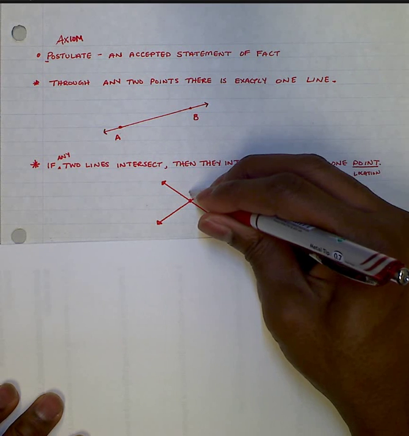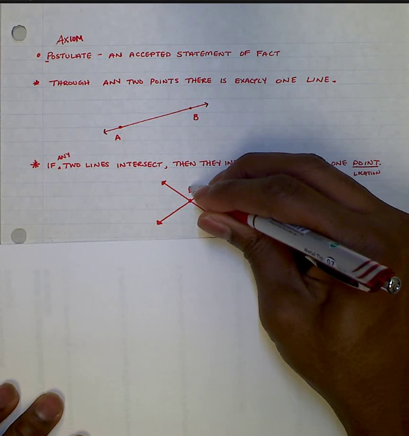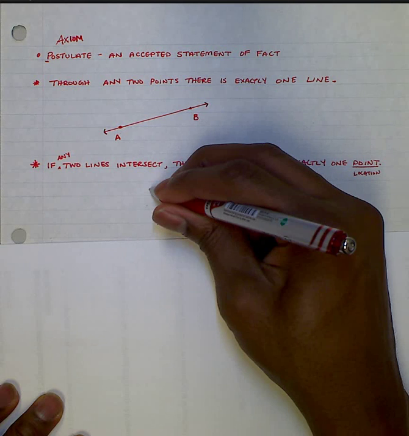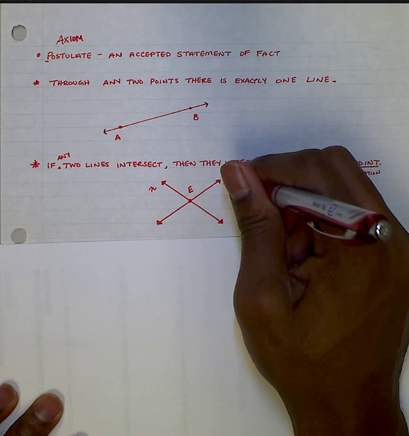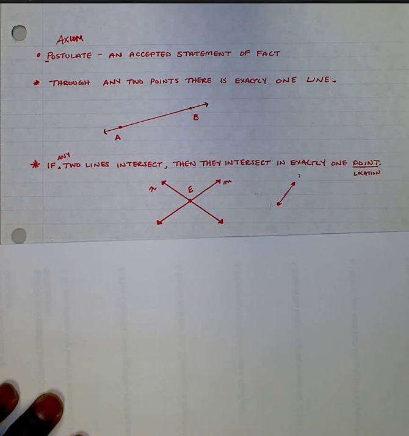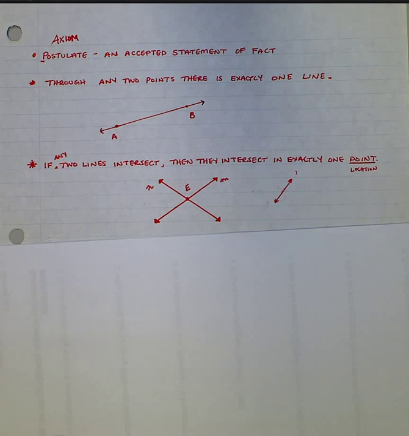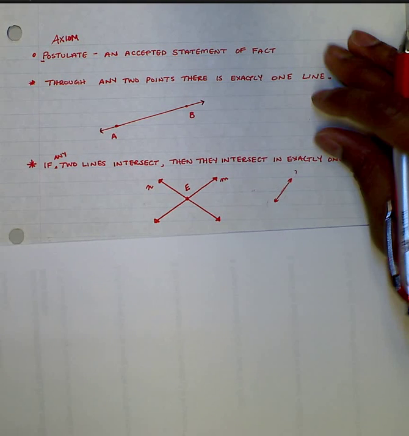Okay, I'll call this point E. And I'll call this line M and line N. Okay, so line N and line M intersect at point E. Okay, there's no other intersection. They'll continue on in their directions, but never meet again. Okay, on this plane.